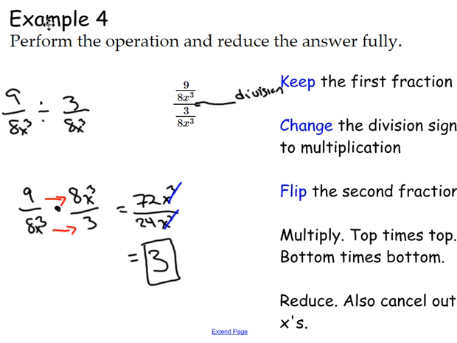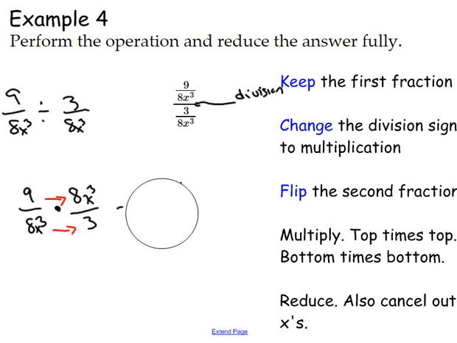Just a little side note, you could have approached this differently. Let me just show you how you could have also done it. Over here, in this step, you could have canceled out 8x to the third with 8x to the third.